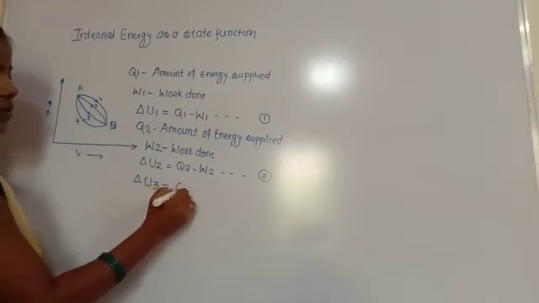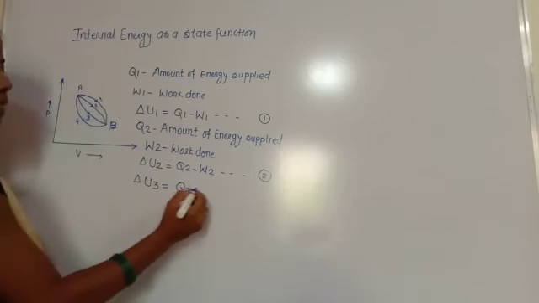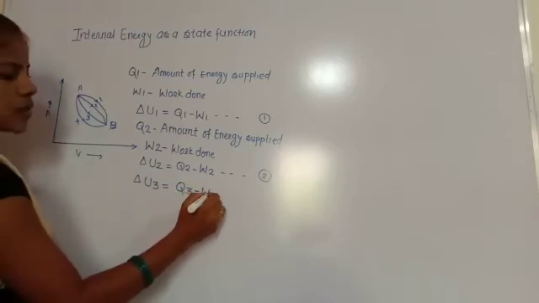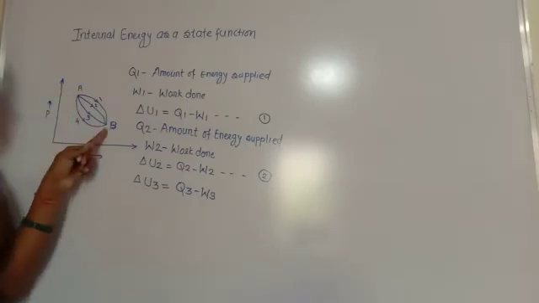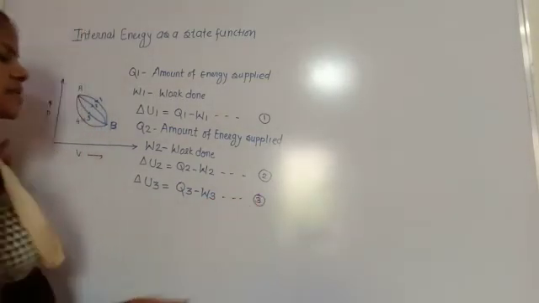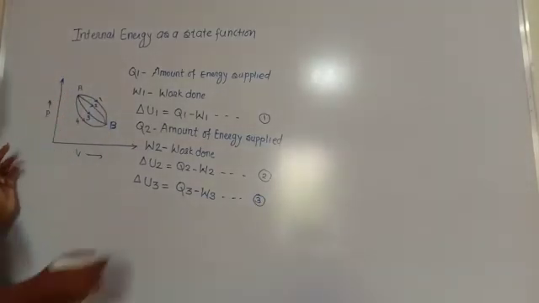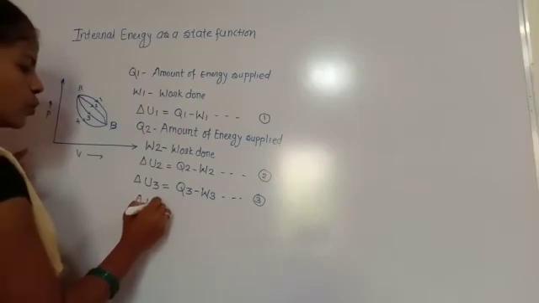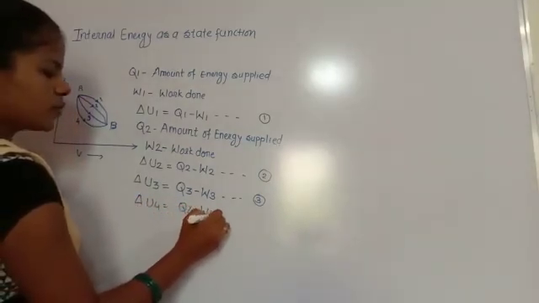Q3 amount of heat is supplied to the system in going from A to B, and W3 is the amount of work done by the system. This is the third expression. Similarly, we can calculate the change in internal energy for path 4, that is ΔU4 equals Q4 minus W4.